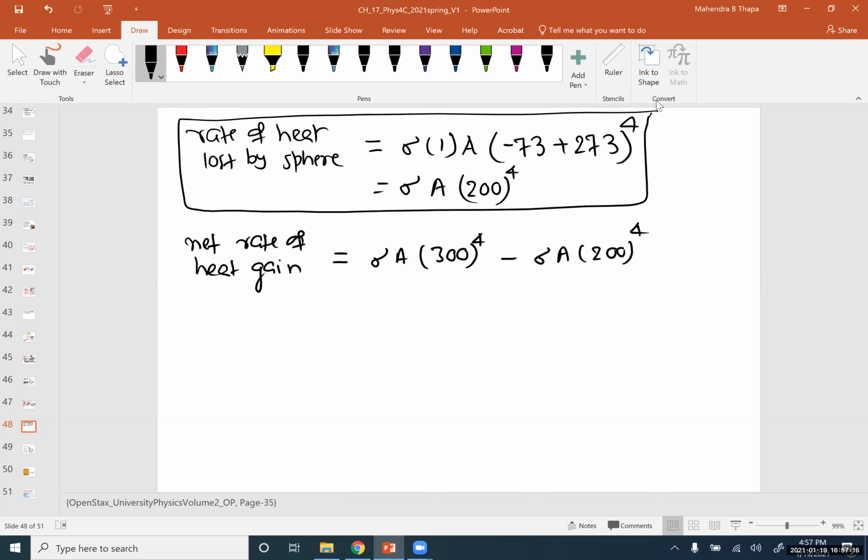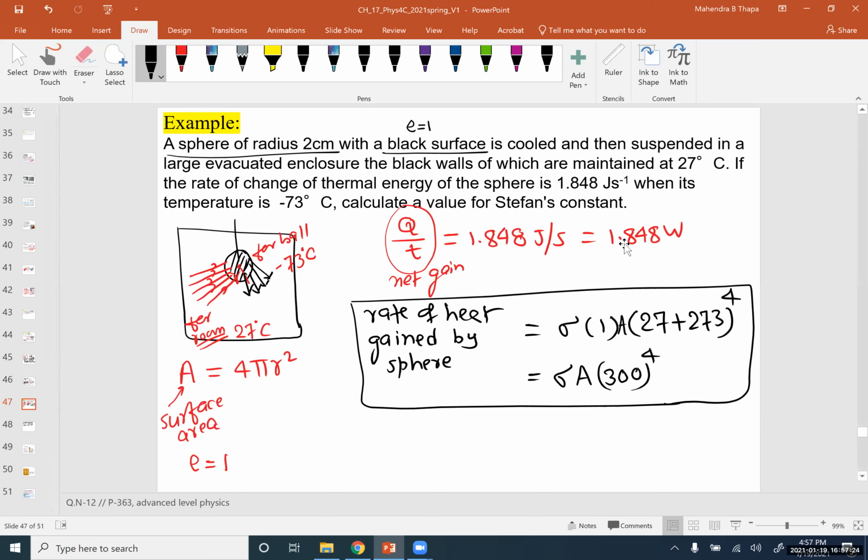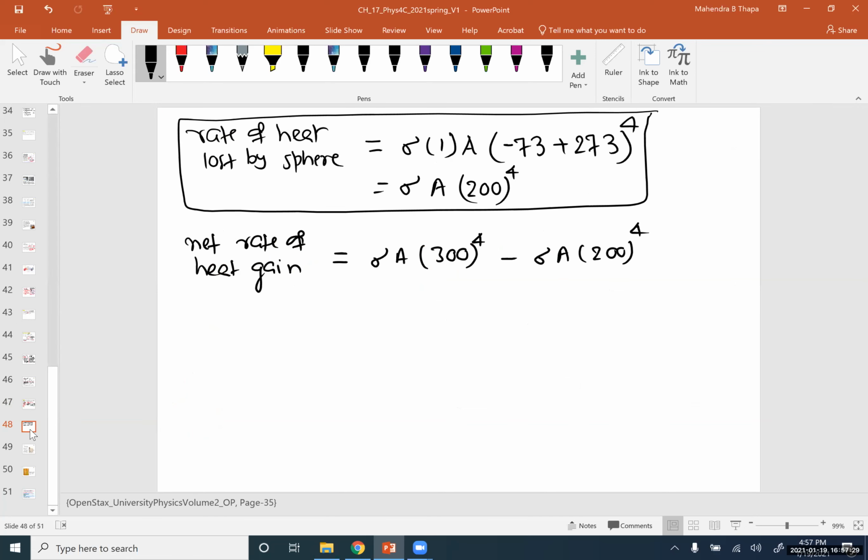So you can plug in this value, the net rate of heat gain, they give you 1.848, so you can plug that number, 1.848.